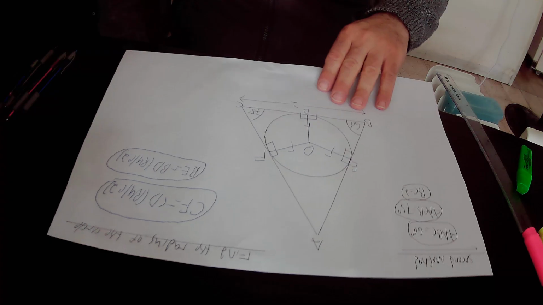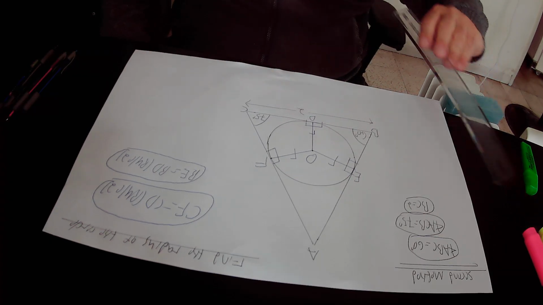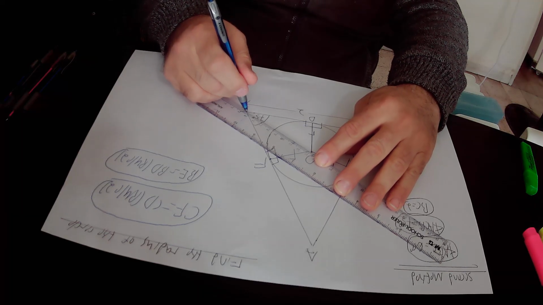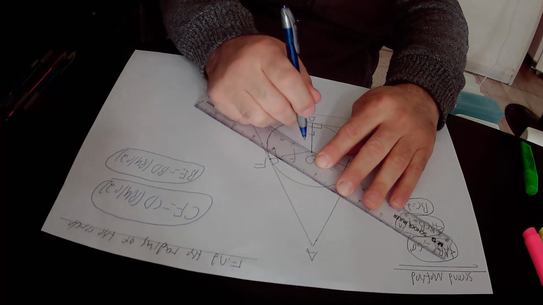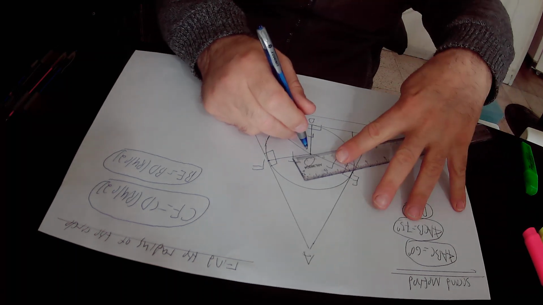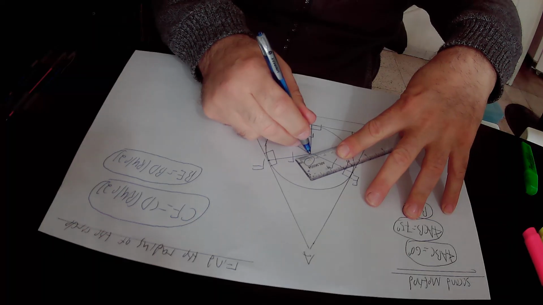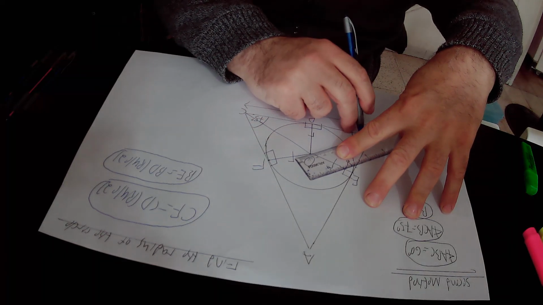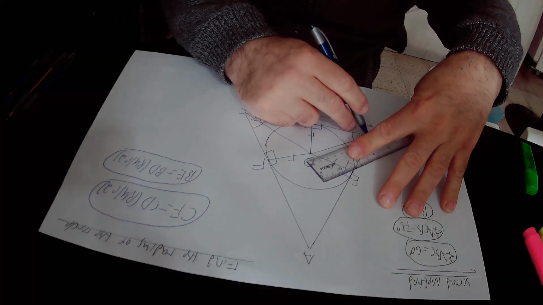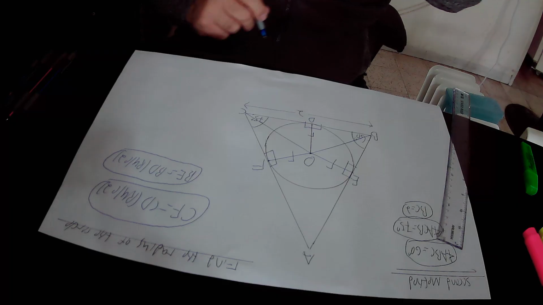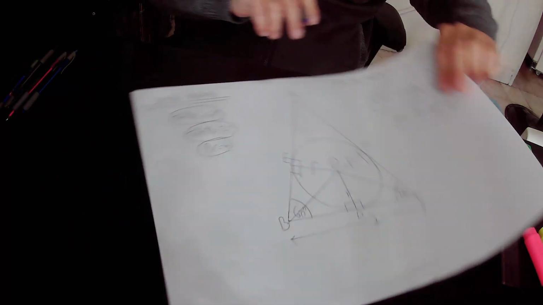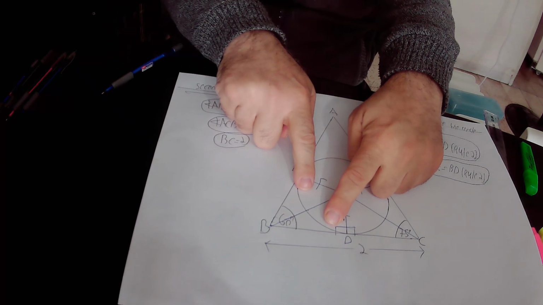In the next step, we join points O and C together by a straight line, and we join points O and B together by a straight line. And we prove that those two right triangles can go into each other.